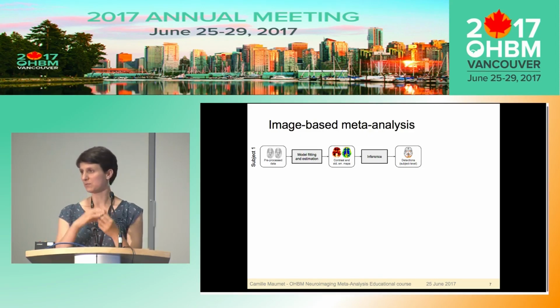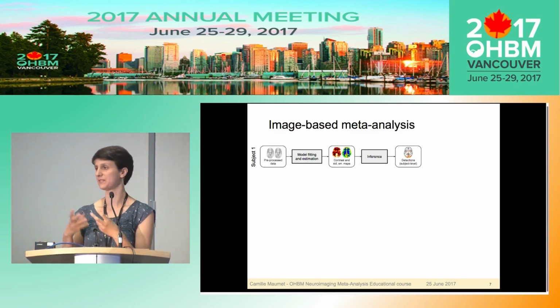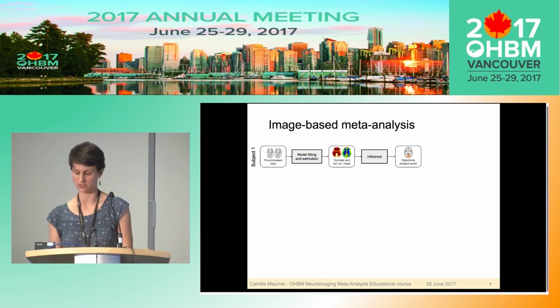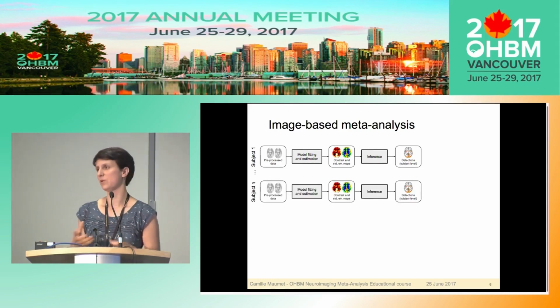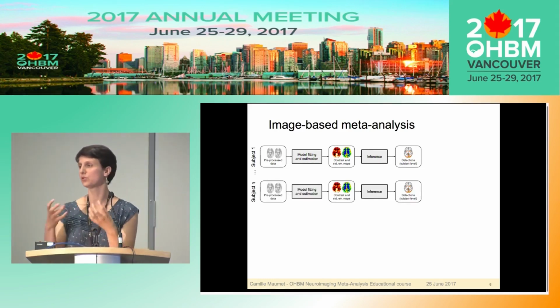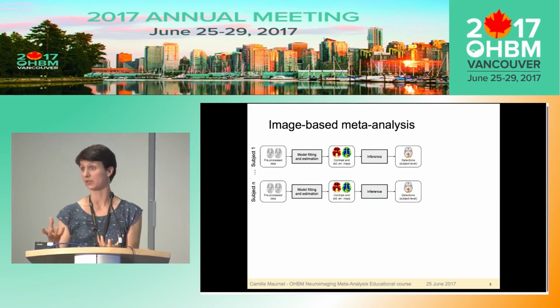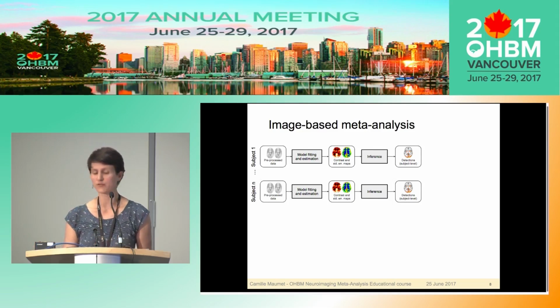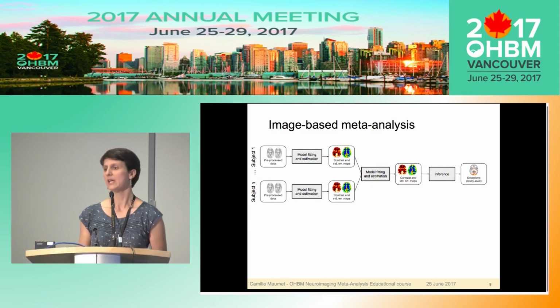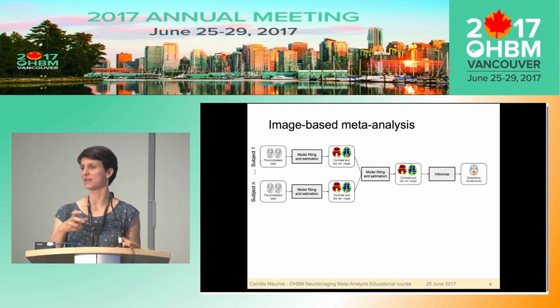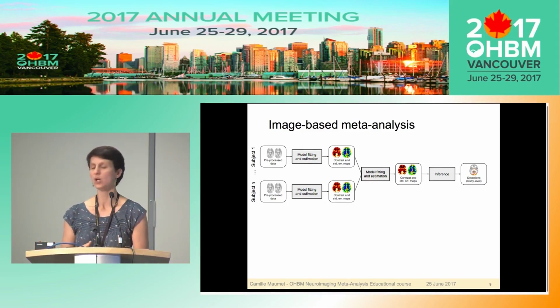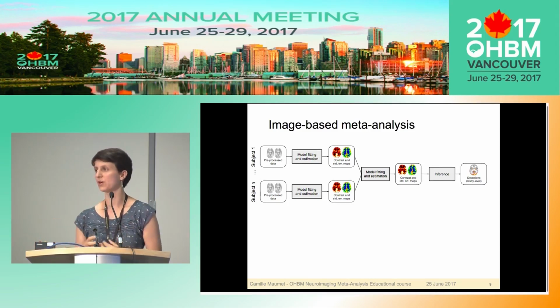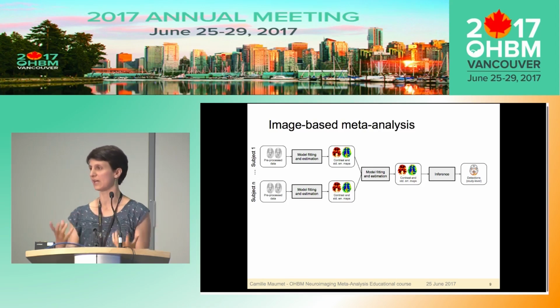Those can be combined to get a statistic that we can threshold to get the areas of significant activation or no activation. Typically, in a study, we have several subjects, and when we want to combine the subjects to get results at the group level, we do not combine the detections themselves, but we go one step before, and we combine these contrast and standard error maps into a second-level model, which can be a group model, a between-group model, and so on.